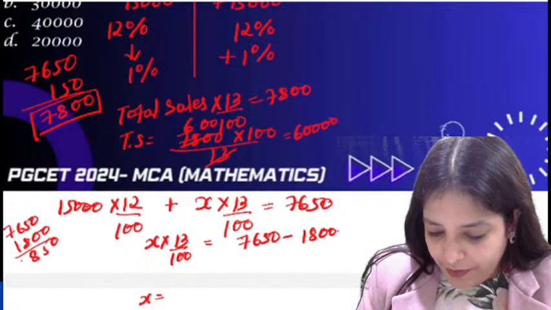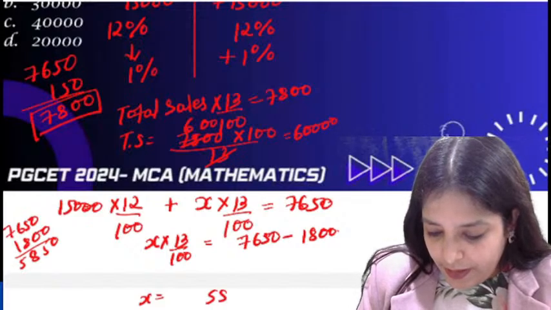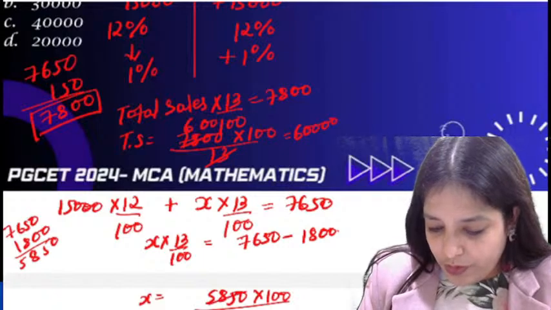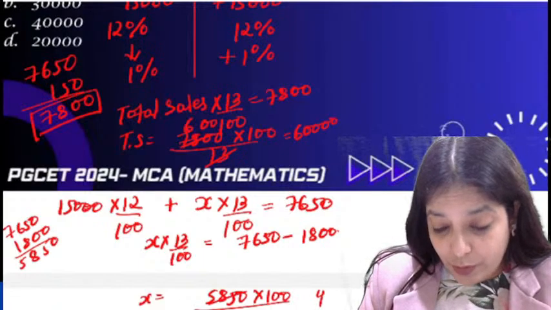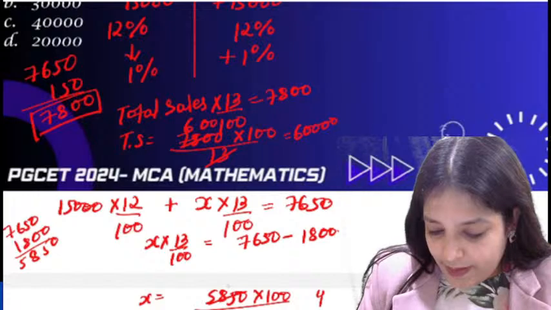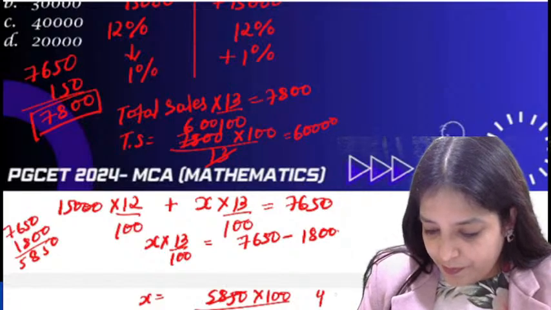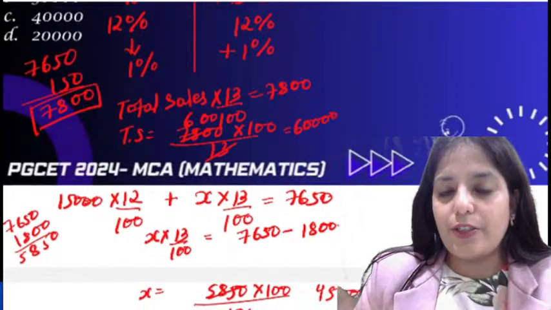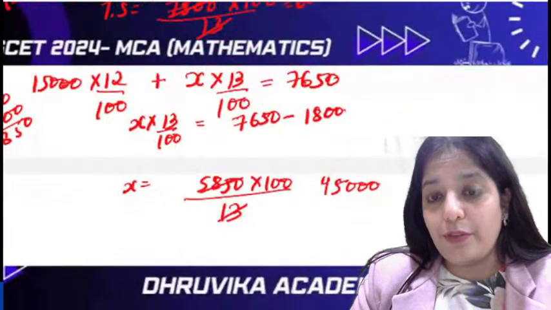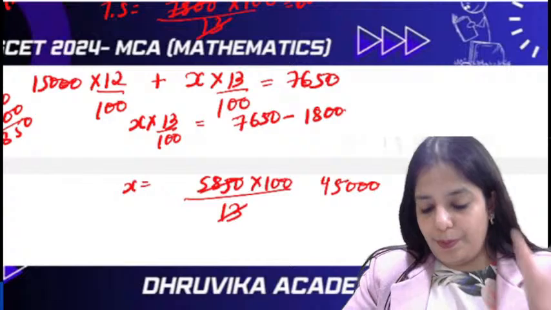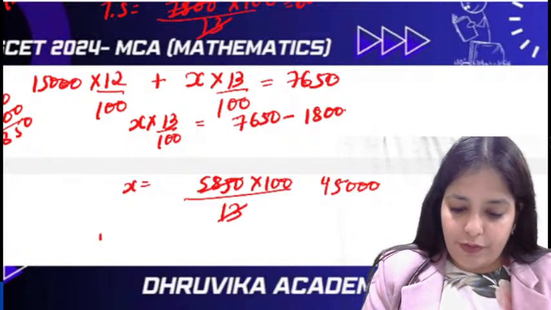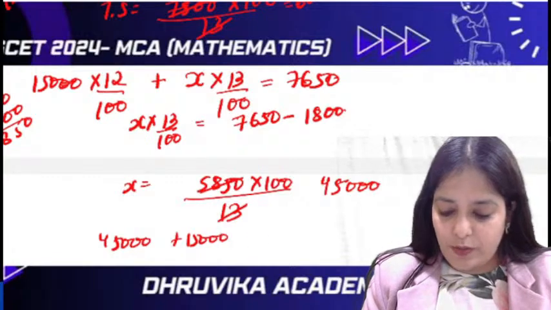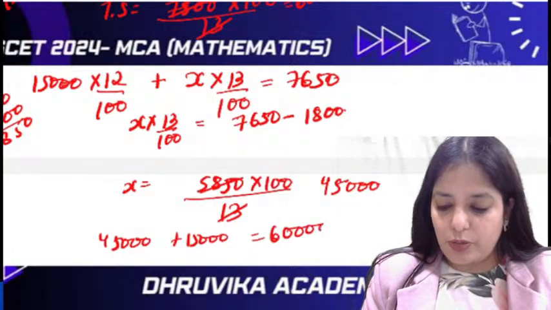So you will get 5,850 into 100 divided by 13. So 13 fours are 52, and then the carry over. So the additional sales that you are making is 45,000, plus 15,000. 45,000 plus 15,000 is equivalent to 60,000, the total sales.